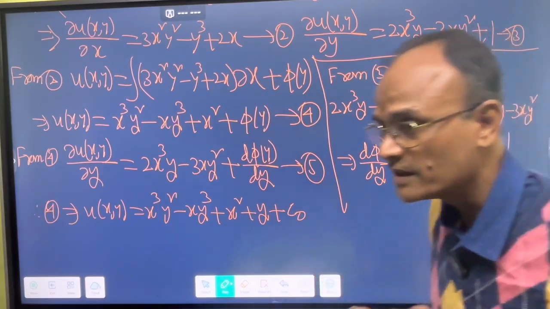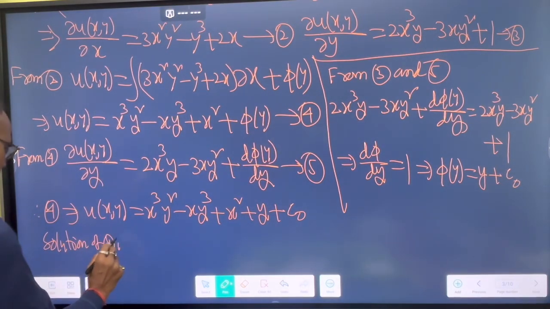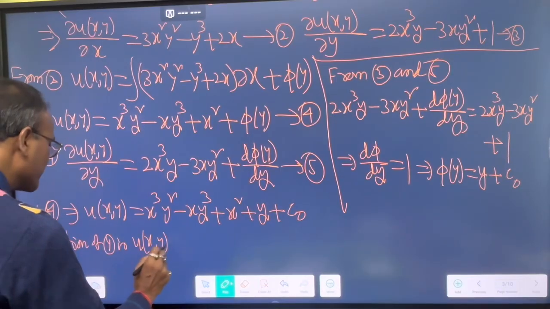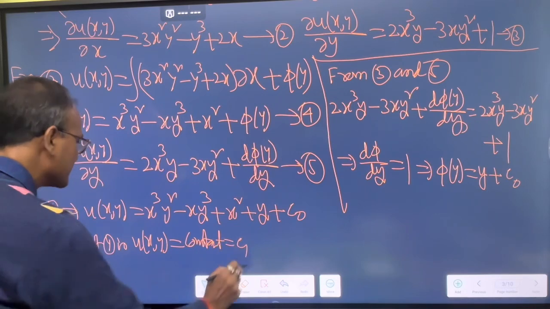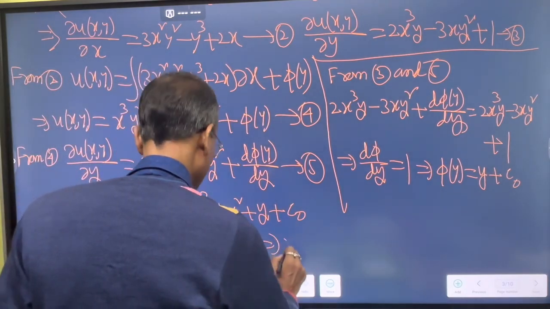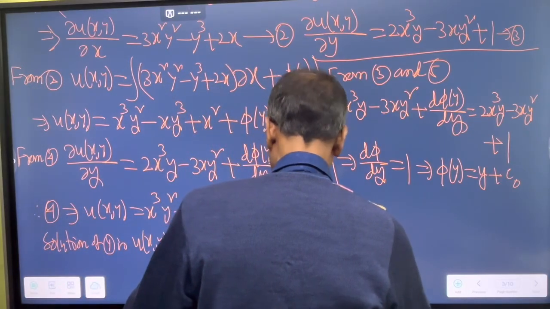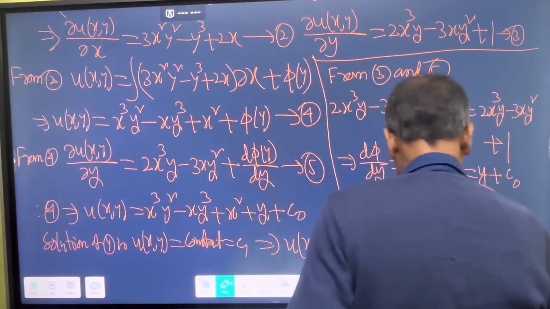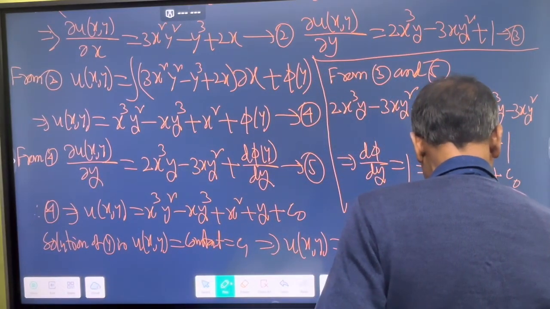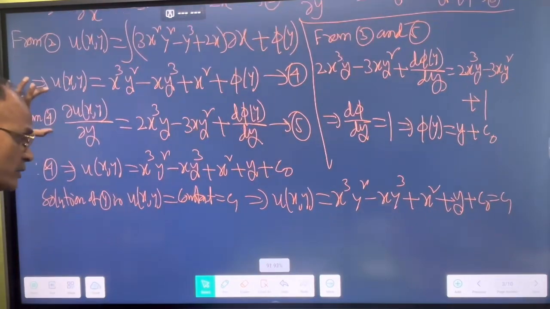Solution of 1 is u of x, y equals constant, equal to c1 say. This means u of x, y equals x cube y square minus x y cube plus x square plus y plus c naught equals c1.